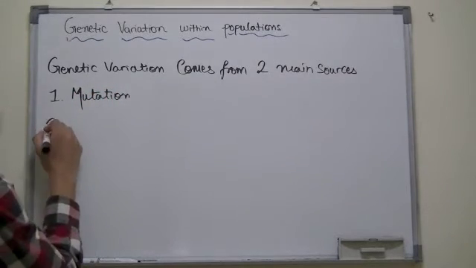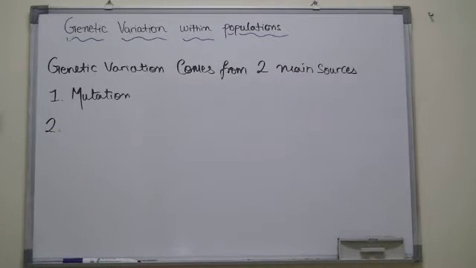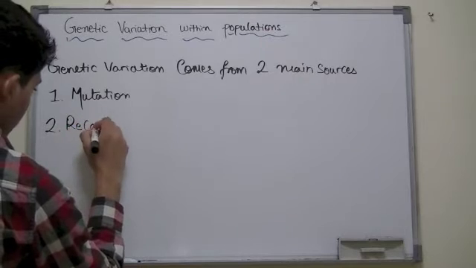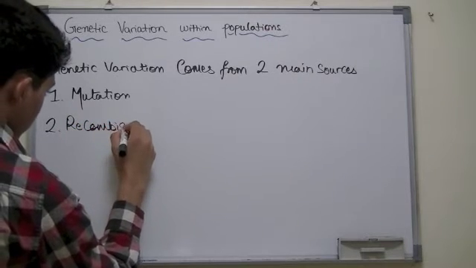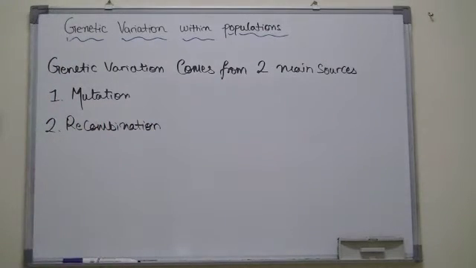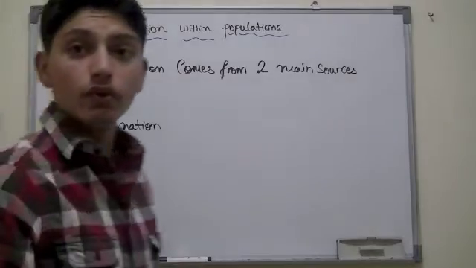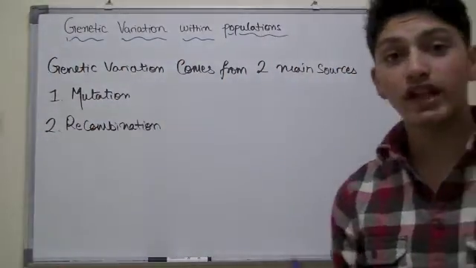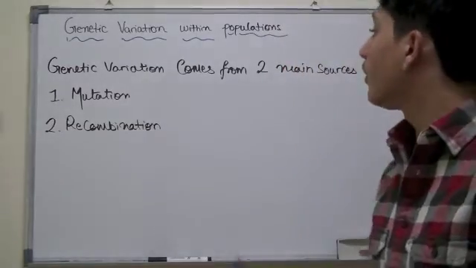The second source is recombination. Now that I've told you the 2 main sources, what I'm going to do is describe them. So let's start off our discussion with mutation.